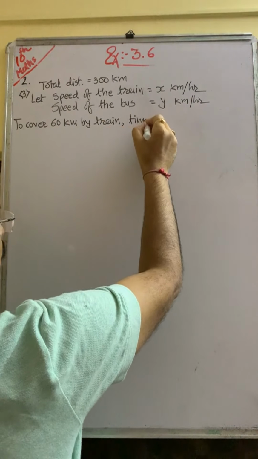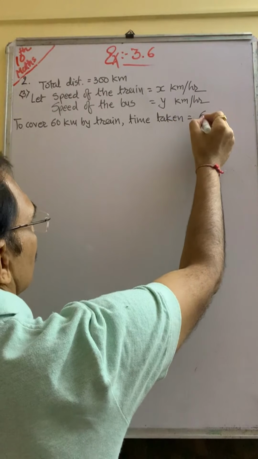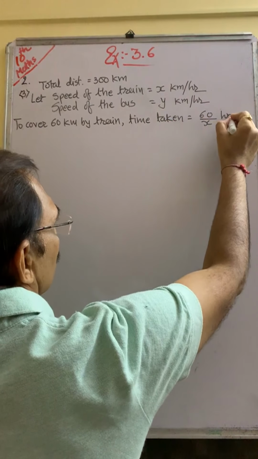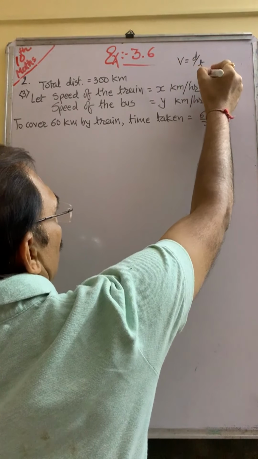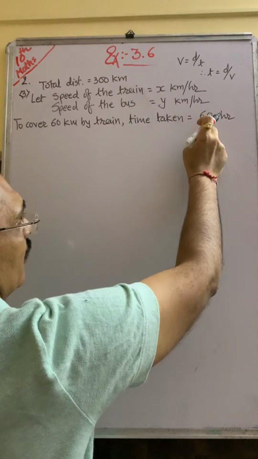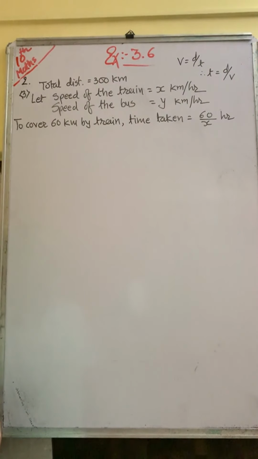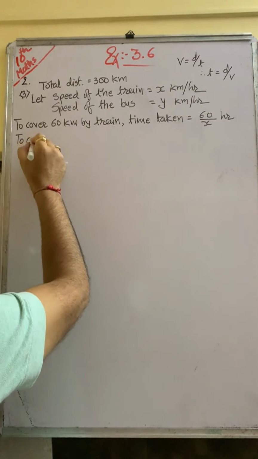time taken by the Ruhi, time taken is what? 60 upon x hours. You have learned that speed equals to what? Distance upon time. Therefore time equal to what? Distance upon speed. Distance 60 and speed x. So remaining total distance 300, remaining 240 kilometer if she travel by bus.